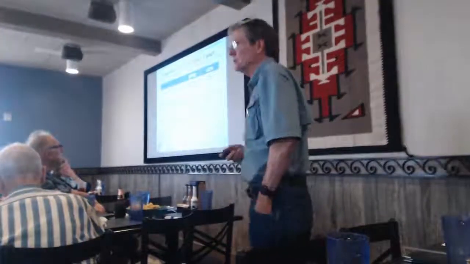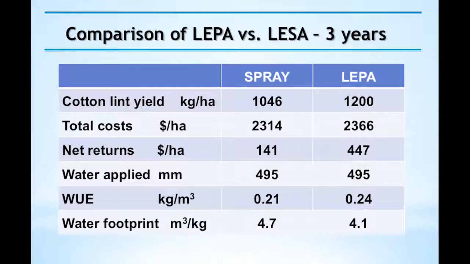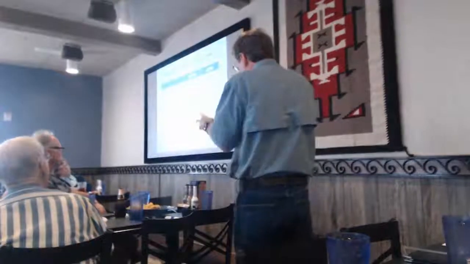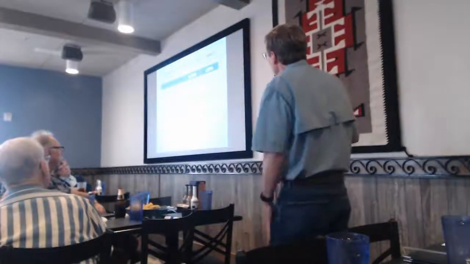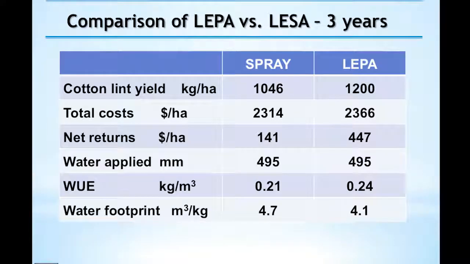This is a comparison of cotton yield, comparing the spray type where the water is being thrown out some distance, with a lot of small droplets and a lot of mist, versus the LEPA, the one with the bubbles, these really large droplets. And so we have yield data, this is the lint yield, and it's higher with LEPA, and total cost of production was about the same.